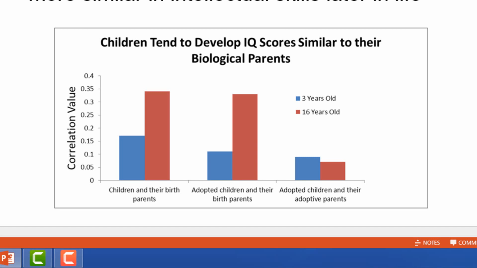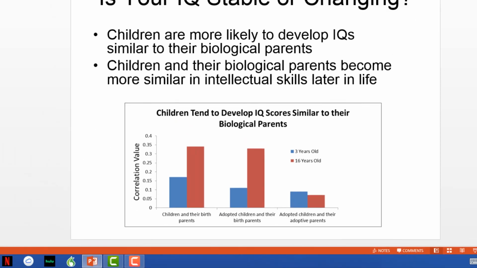And that is a type of evidence which supports the idea that a fair amount of your intelligence is actually determined by biology.